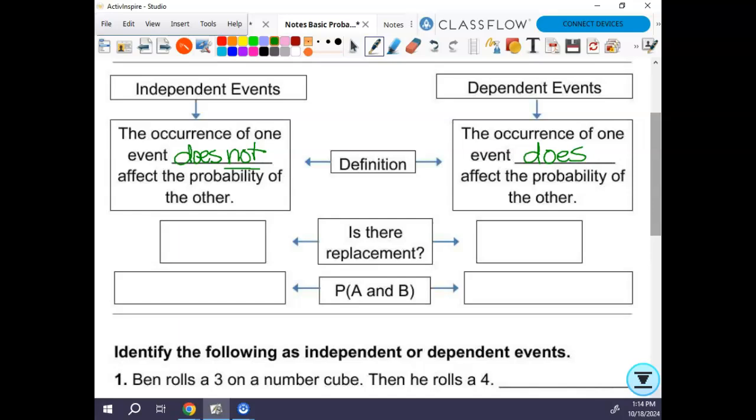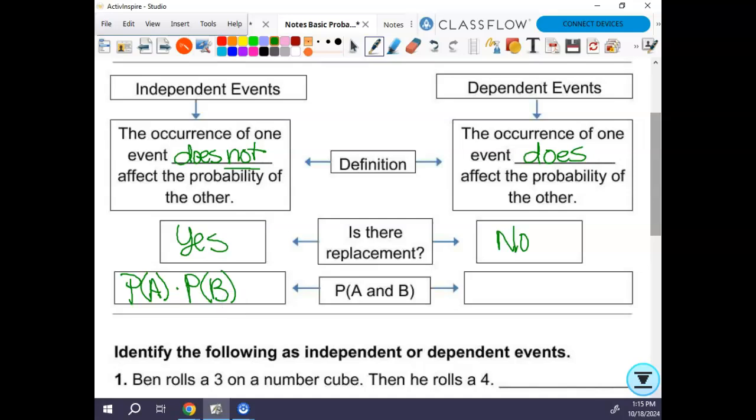Then we look at, is there replacement? Here's what happens. The probability of A and B happening, the probability of me getting a red M&M and then a blue M&M, is the probability of A happening times the probability of B happening.